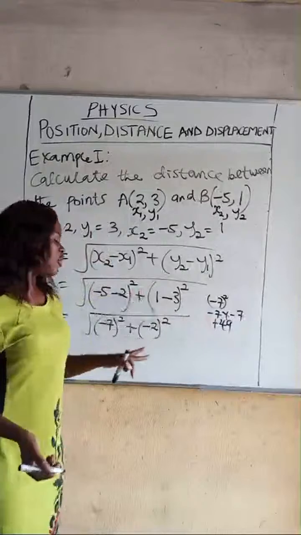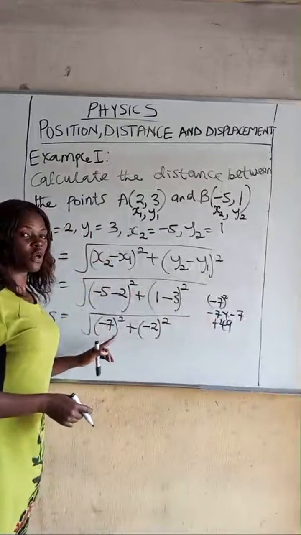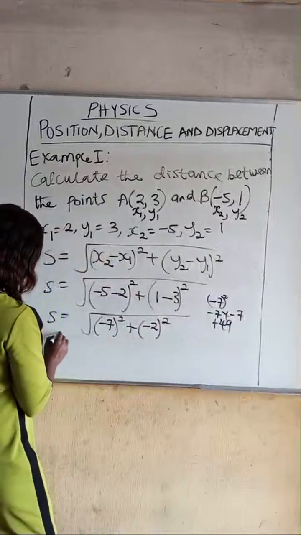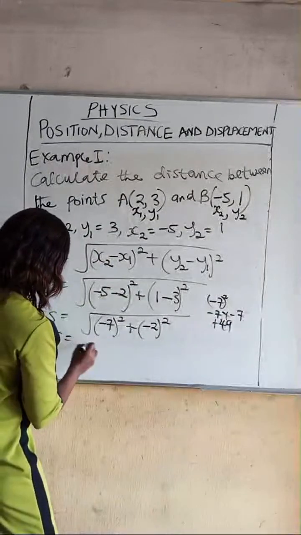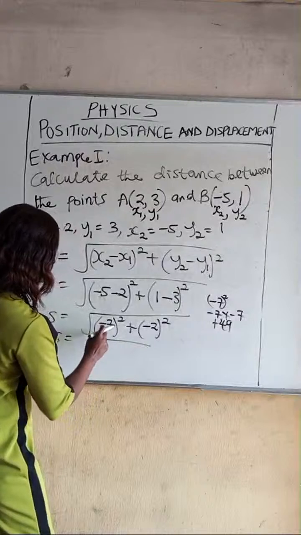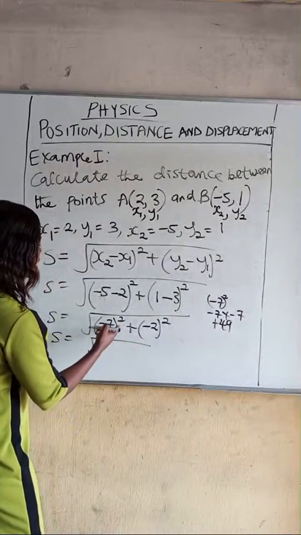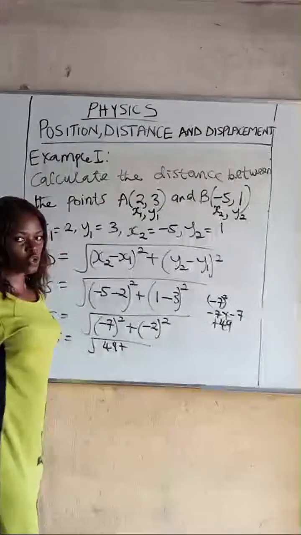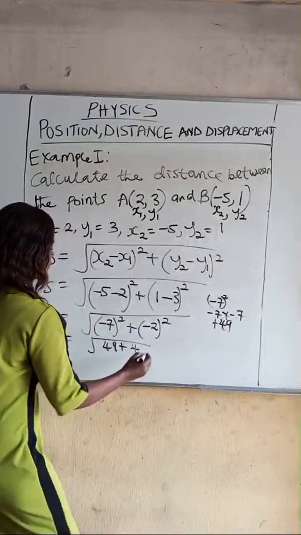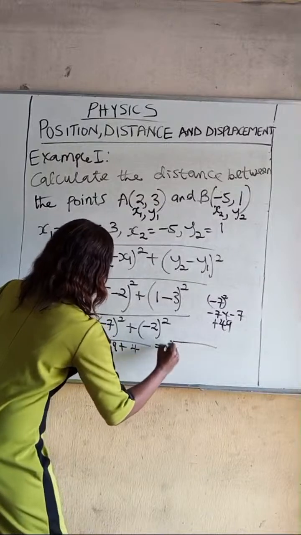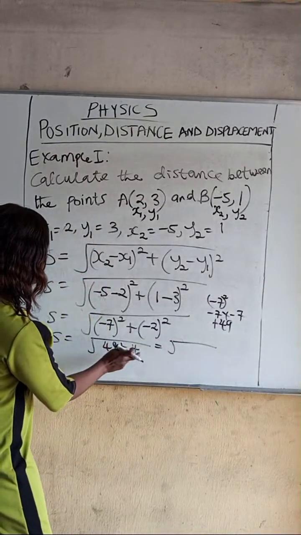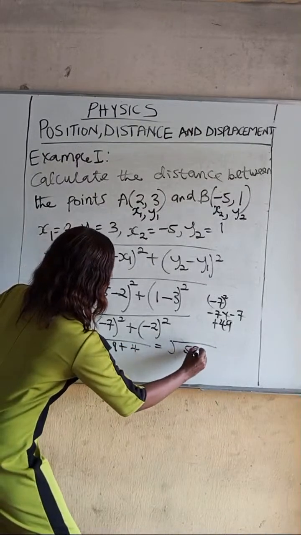So if I say minus 7 all squared is 49, I believe I'm not wrong. So this is how we do it. All right? So x is equal to the root of: minus 7 all squared is 49, plus minus 2 all squared is 4. All right. So I'm going to add it together. 49 plus 4, I'm going to have 53.